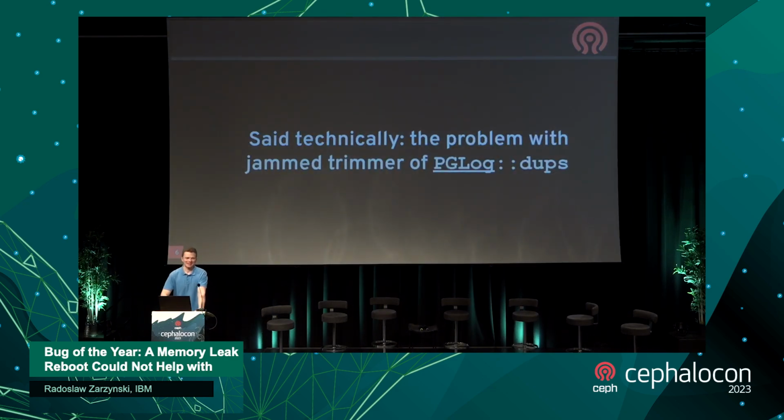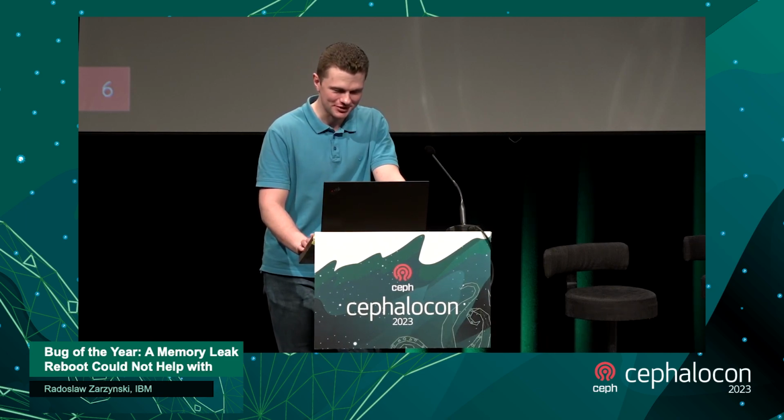But okay, let me introduce Mr. PG log dups issue. In a short, very dense form, it's simply a problem with a jammed trimmer of the PG log dups memory structure.